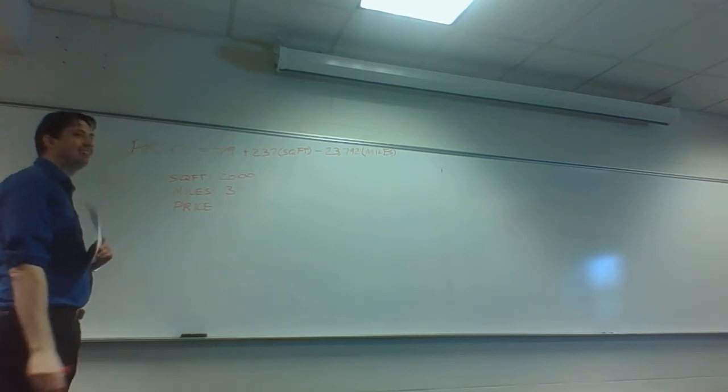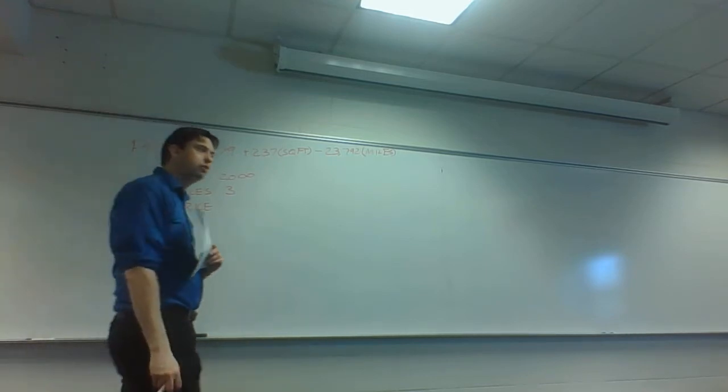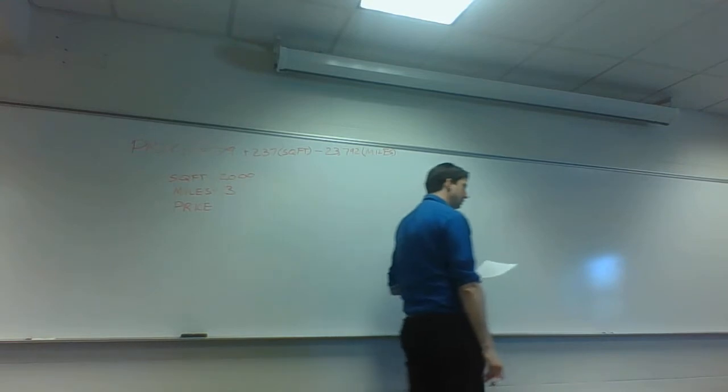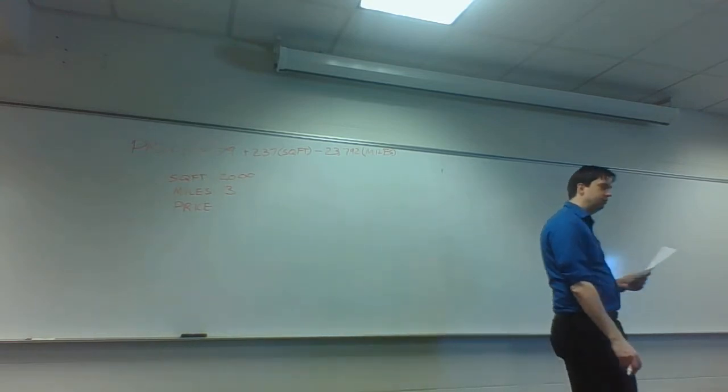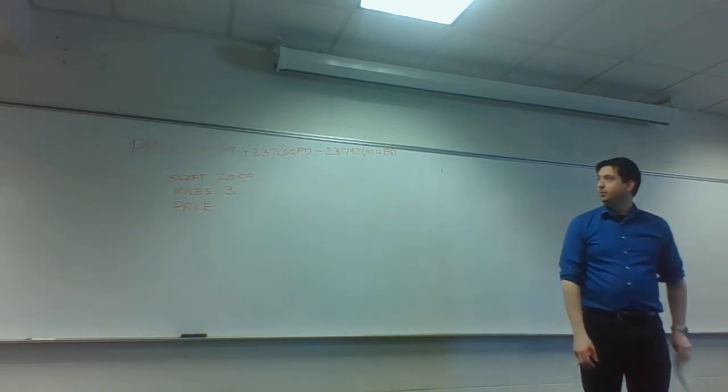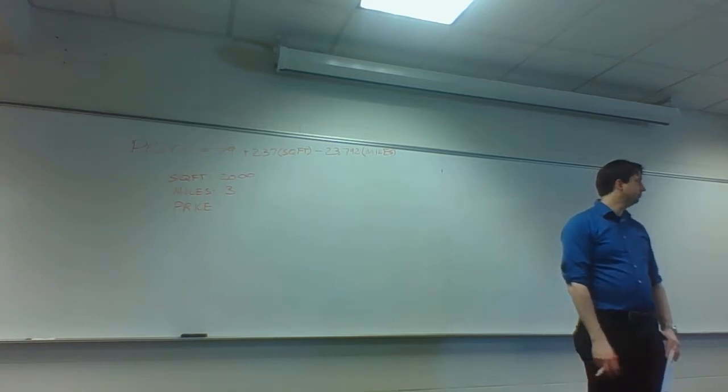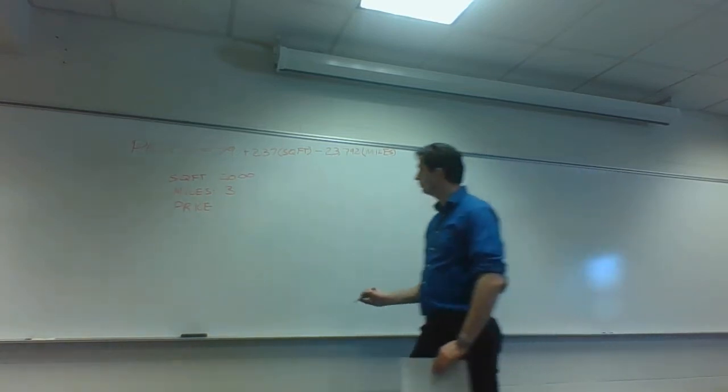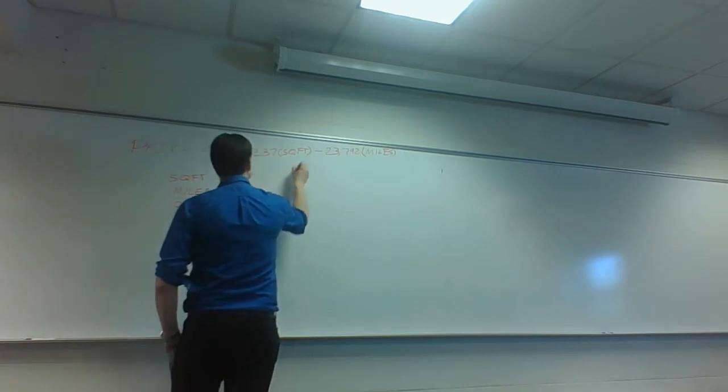What do you expect the price to be? What would you expect the price to be? What would be the predicted value? How would we figure that out? Plug in the numbers. When we plug in, you mean put the 2,000 here?